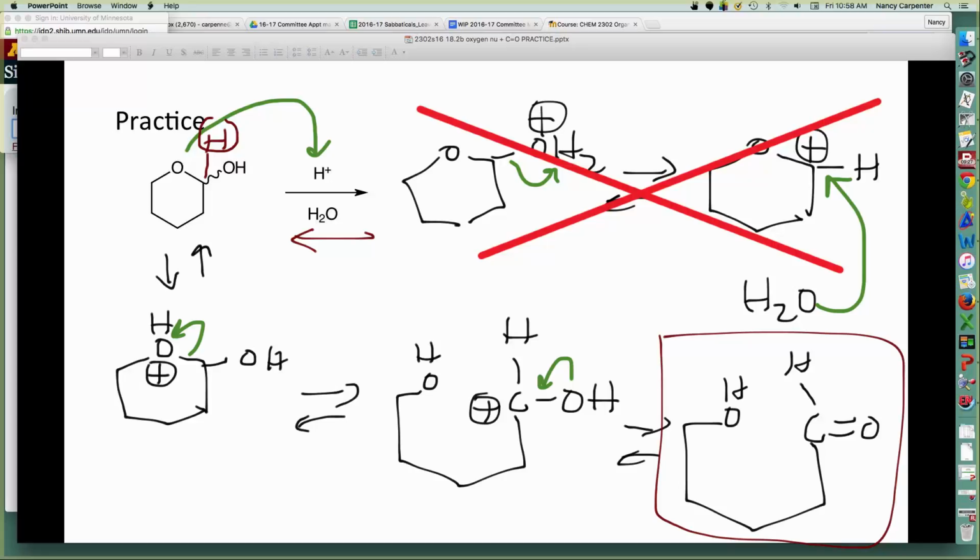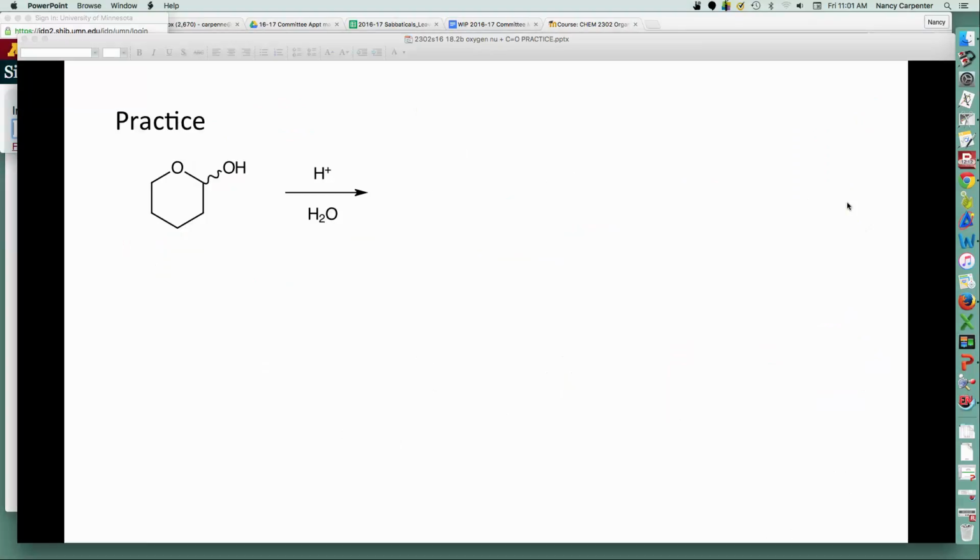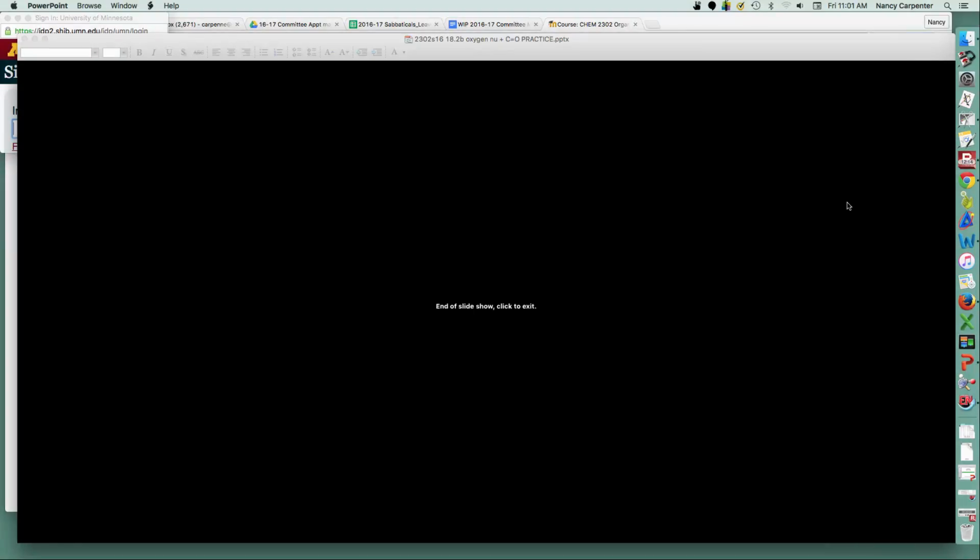So being able to recognize this carbon, the carbon that is bearing both of those oxygens, that's your carbonyl carbon, that is, in biochemistry speak, your anomeric carbon. And we'll talk a little bit more about that so you make sure you can recognize those in sugars. So that's it. Those are the two examples I wanted to go through. This was totally optional. I hope it was helpful, and we'll see you in class.